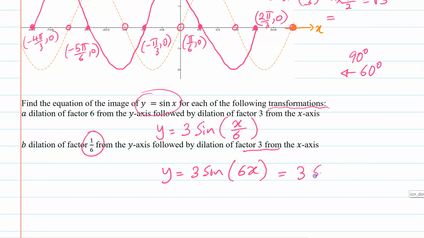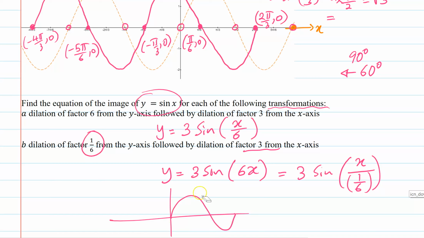It can be written as sine of x on 1 on 6. That means your graph has been squashed by 6 times. What does that mean? For one cycle here, you will get 6 of them. That's what it is. It's been squeezed.